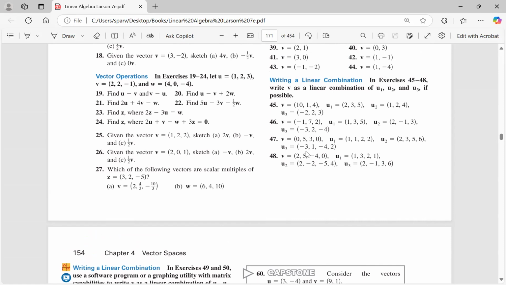So I'm going to copy the problem down first of all. This problem number 48 is what we're doing. This is section 4.1. In number 48, vector V is given by 2, 5, -4, 0.